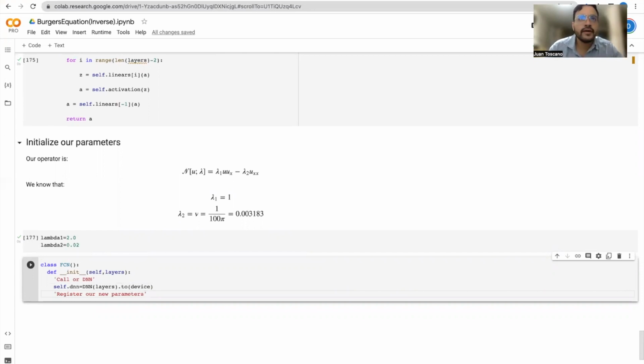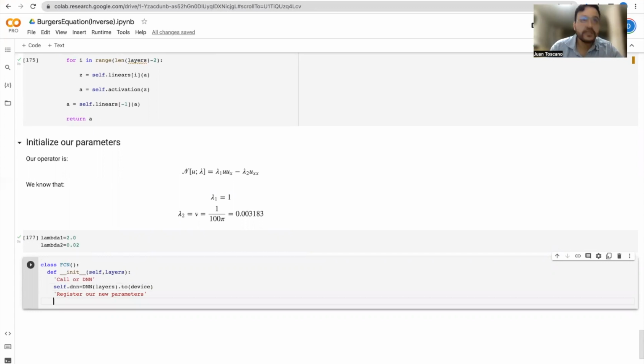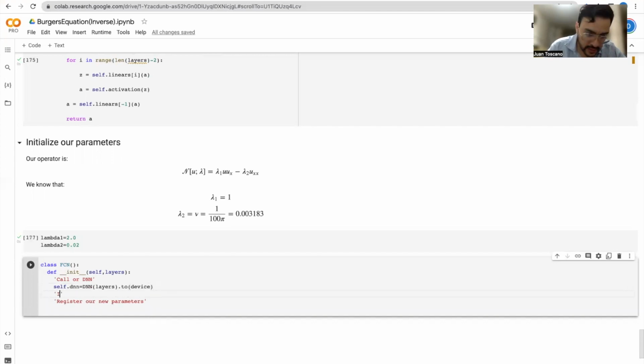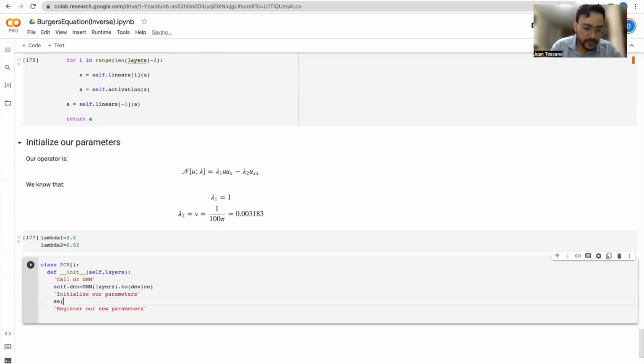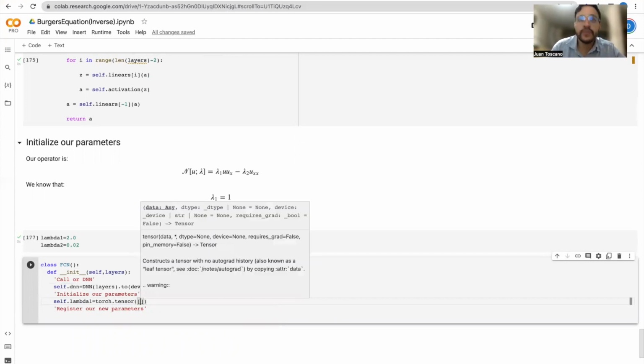Now, once it's done, we can register our new parameters. To do that, we will first have to initialize our new parameters. So we will call that self.lambda_1 equals, we want a tensor, remember, torch.tensor of lambda 1.